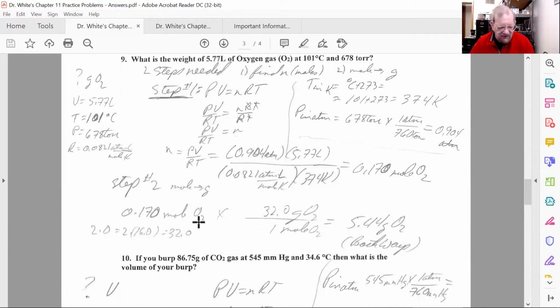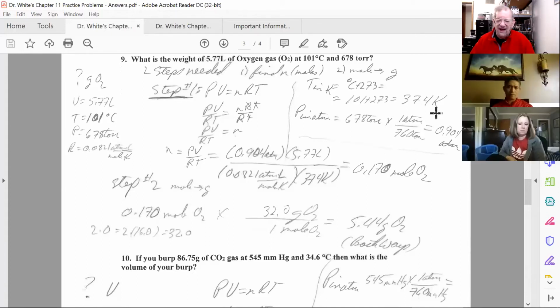Here we have moles of oxygen. We're trying to get the grams of oxygen. And probably one of the last times this semester, it's time to use your good buddy, your good friend, unit analysis. Threw in an extra one. Yay.